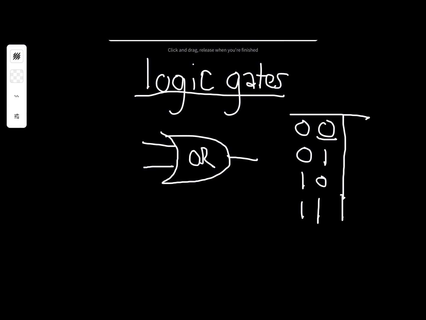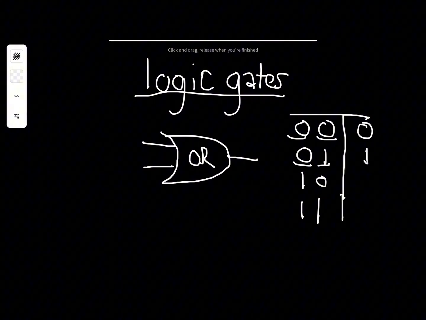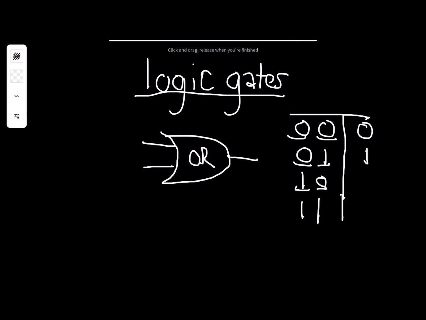So 0 and 0 create 0, 0 and 1 create 1, 1 and 0 create 1, 1 and 1 create 1. Think of it as, if we see a 1, then the 1 just goes over here. But in this one, there's no 1 to carry over, because they're both zeros. So it's just going to carry over 0.